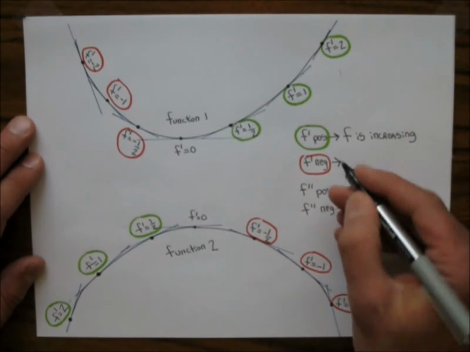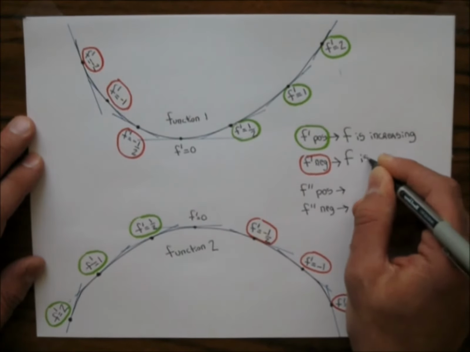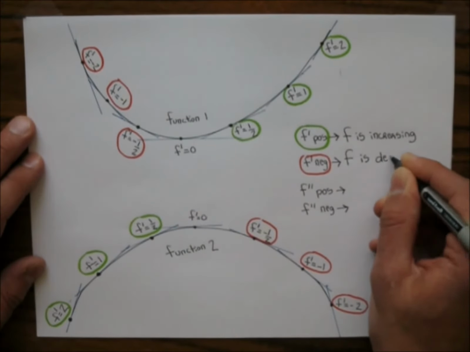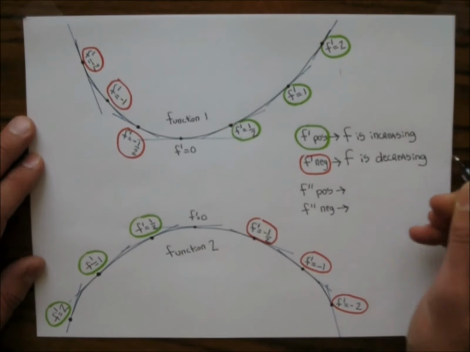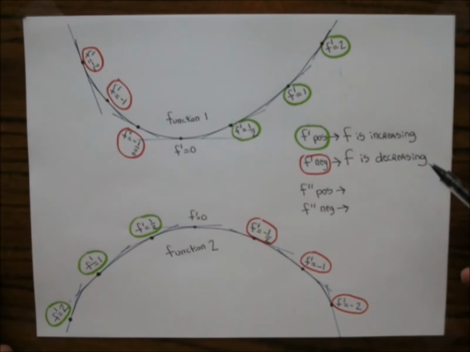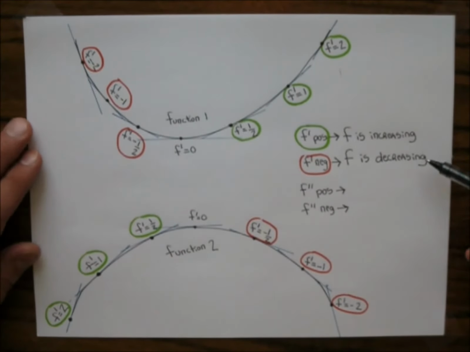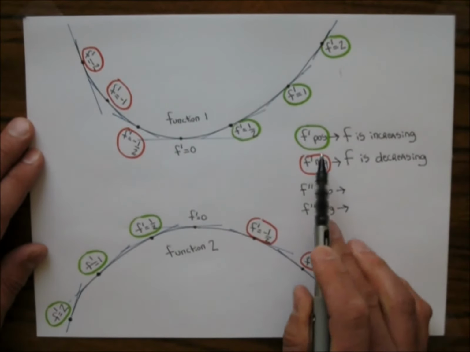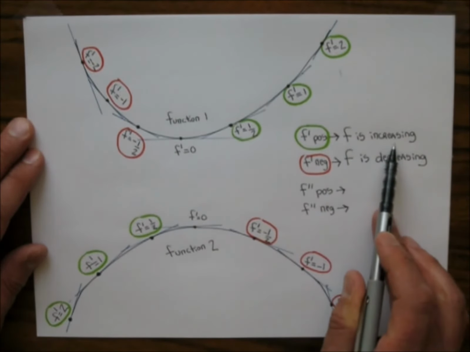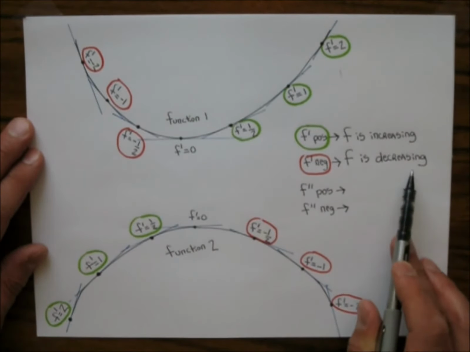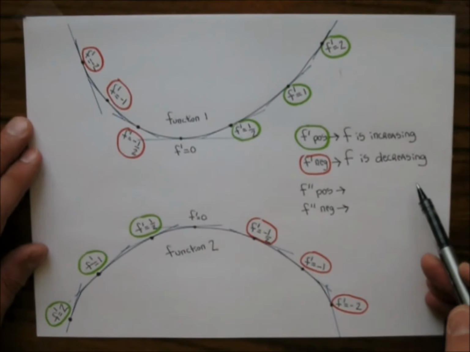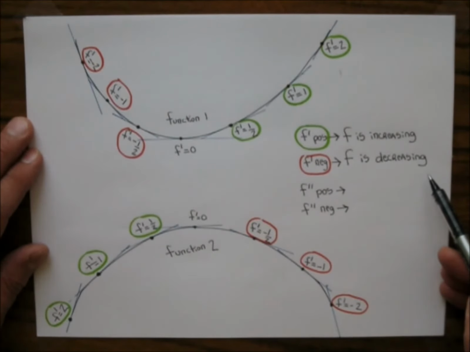It's negative when f is decreasing or going down. So what we really want to drive home is that when f prime is positive, the function is going up. When f prime is negative, the function is going down. That will always be the case. You can draw other functions and investigate that, and it will always be true.